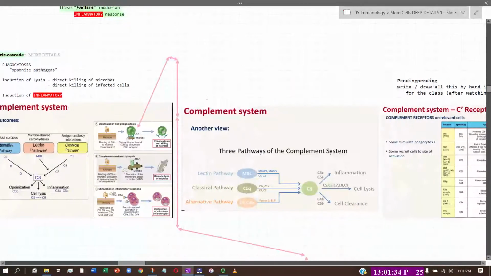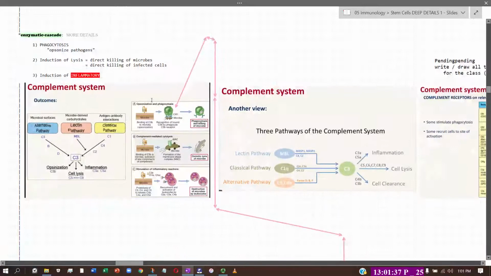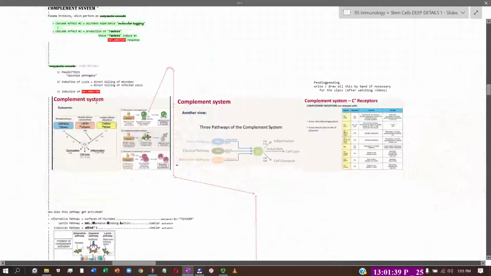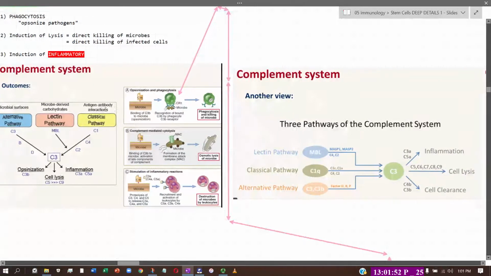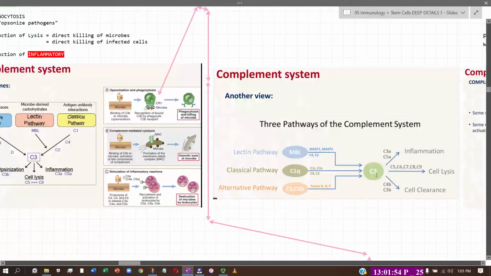And here we go. This is where the connection exists between innate immunity and phagocytosis. So there's something about the alternative pathway, lectin pathway, and classical pathway, and everything seems to converge on this C3 molecule for some reason.